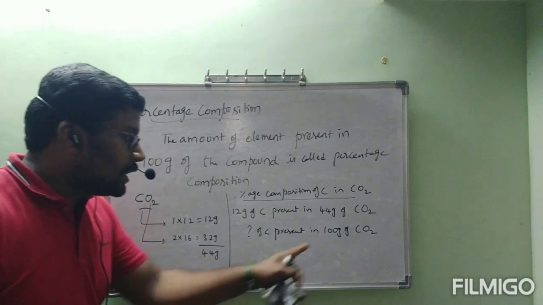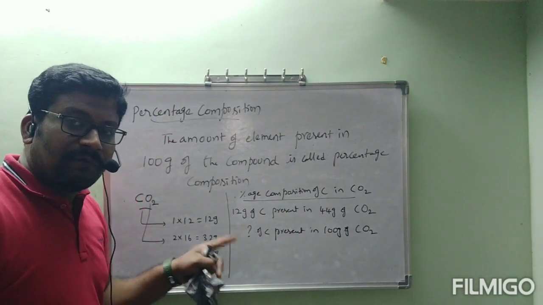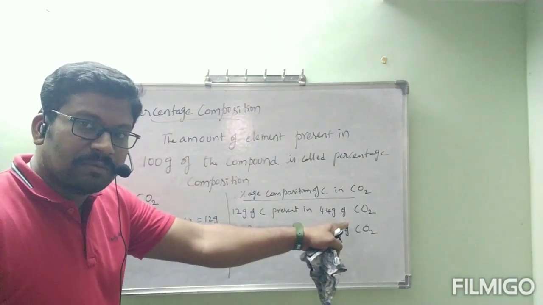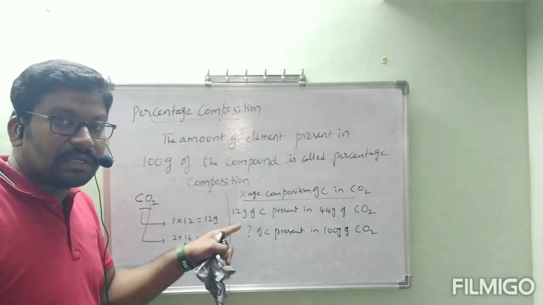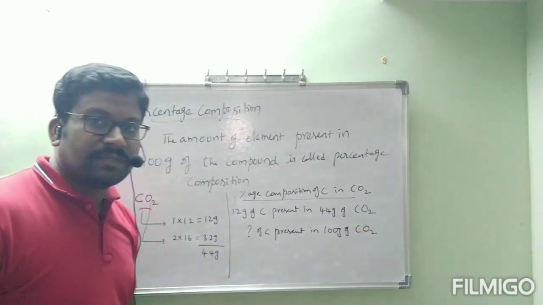We want to know in 100 grams of carbon dioxide how much carbon is present, correct? For that, initially I took the gram molecular weight, 44 grams of CO2. In 44 grams of CO2, 12 grams of carbon is present. Then how much carbon is present in 100 grams of CO2?